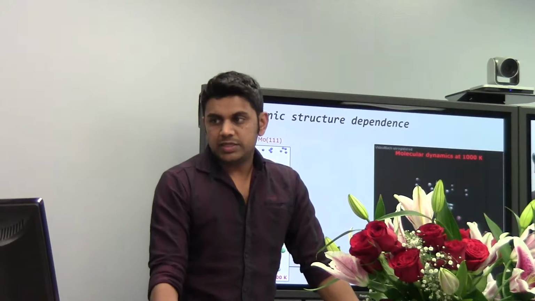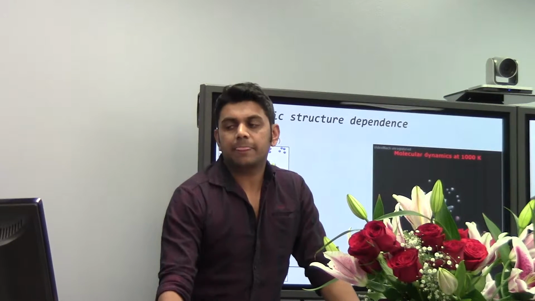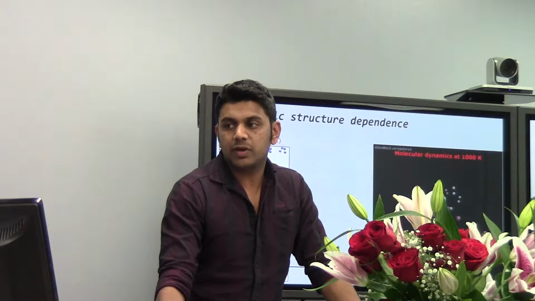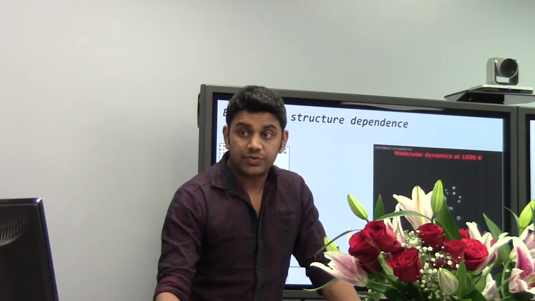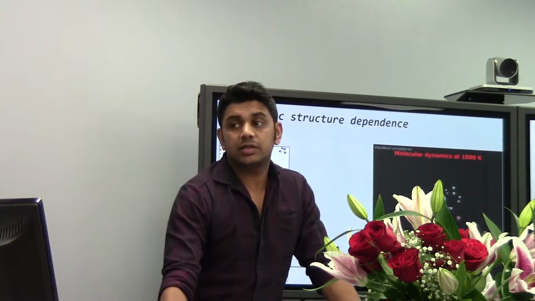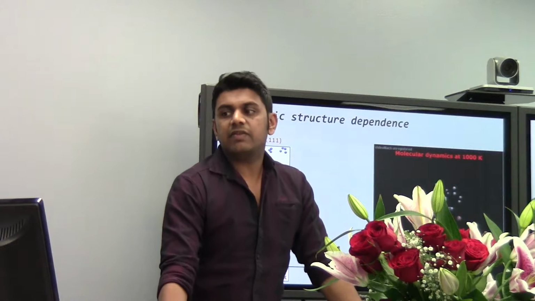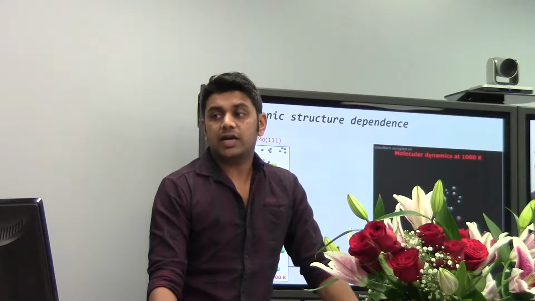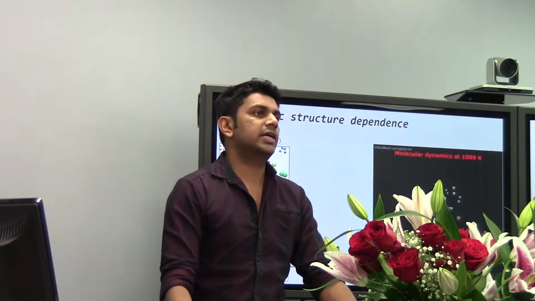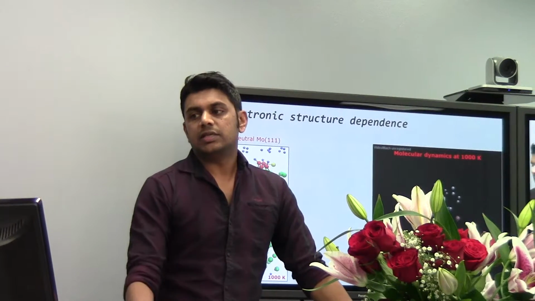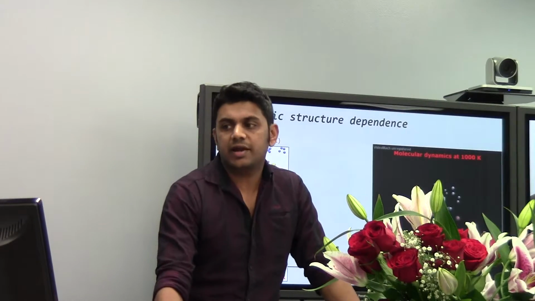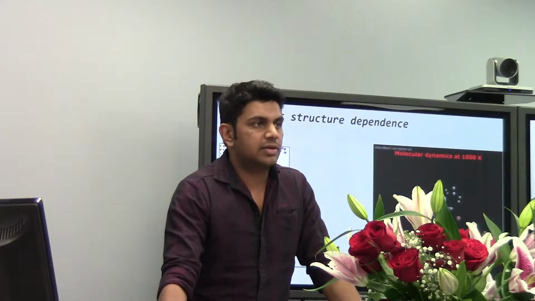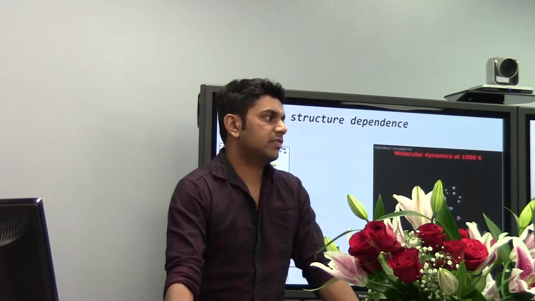This movie illustrates the dynamics of this thiophene molecule adsorbed on neutral molybdenum surface at 1000 Kelvin. So at 1000 Kelvin, this one carbon-sulfur bond is not dissociating. That means this sulfur is not removed from this hydrocarbon, and it is not catalytically active to remove this sulfur contaminant from this hydrocarbon fragment.